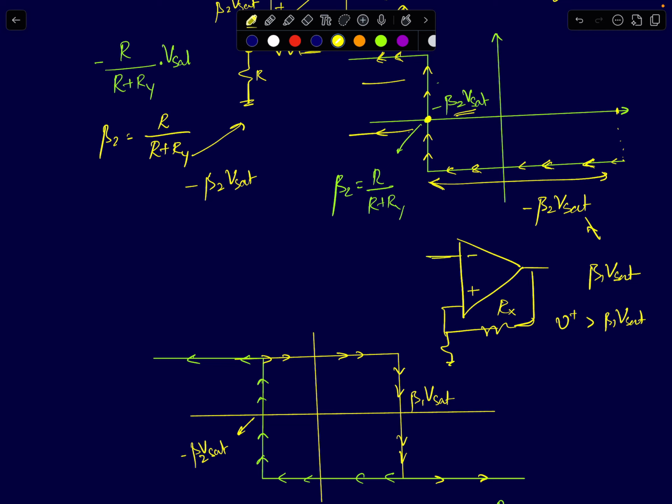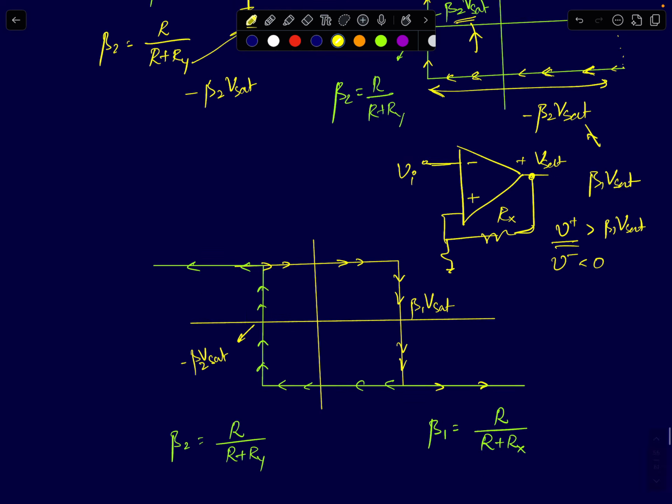Okay, diode will be off, so that path will be disabled. Now your input voltage is, to begin with, it has already become negative. It has already gone lower than minus beta 2 Vsat. So V minus is negative, V plus is positive. Therefore, you can clearly say that the output will stay put at plus Vsat. So that's what is shown here. It's staying put at plus Vsat.